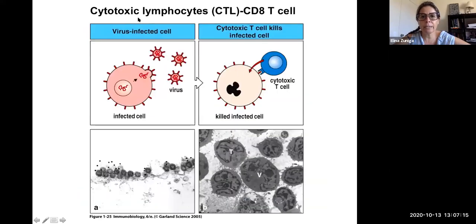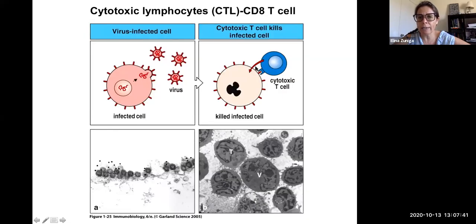Okay, and here is a cartoon depicting how the effector cytotoxic CD8 T cells act. We have here a cell infected with a virus. Some of the viral proteins, particularly glycoproteins that are on the virion surface, are also expressed in infected cells on the surface of the cell.